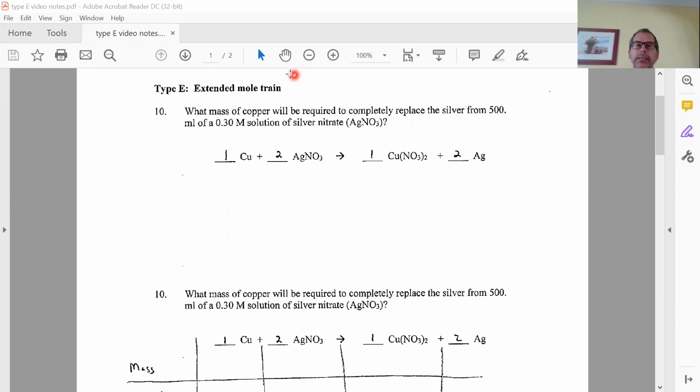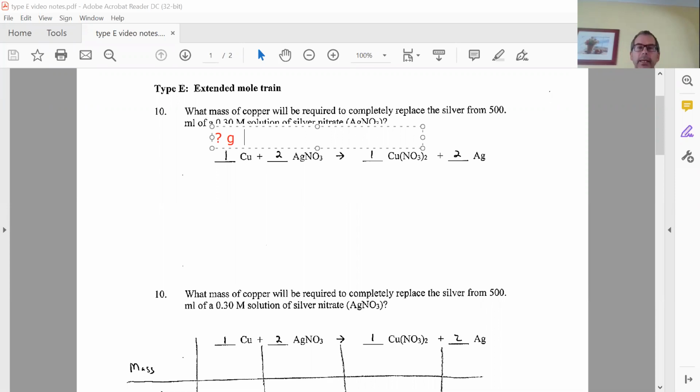Okay, so let's just figure out what's being asked here. It says, what mass of copper? So I might write here by the copper, I might put a question mark and a G for grams. Whoops, that's not a question mark. Let's try that, and then a G for grams.